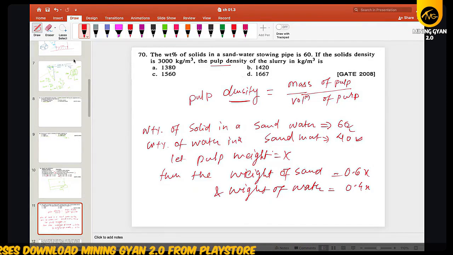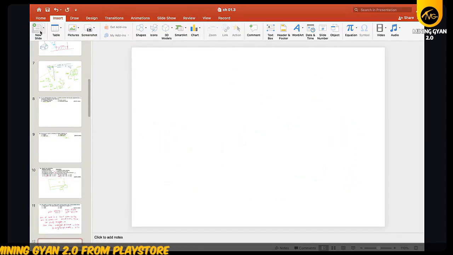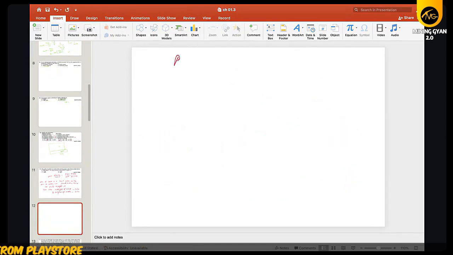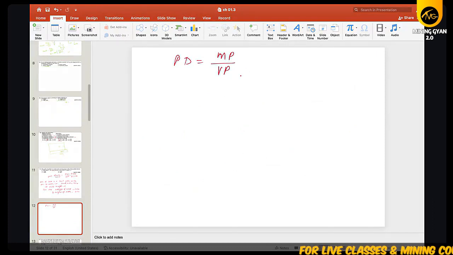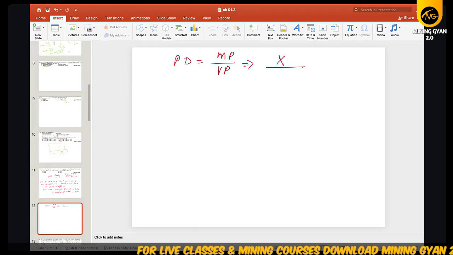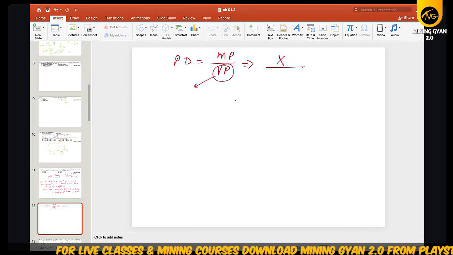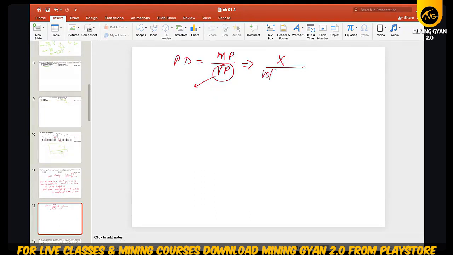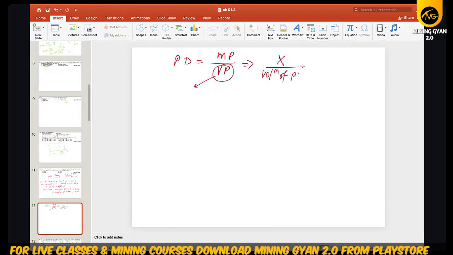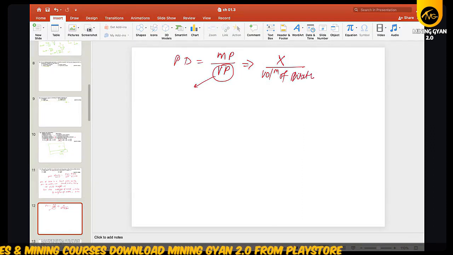So pulp density, I have already discussed, equals mass of pulp divided by volume of pulp. Mass of pulp we have taken as x, and the volume of pulp will be made up of the volume of water plus the volume of sand.